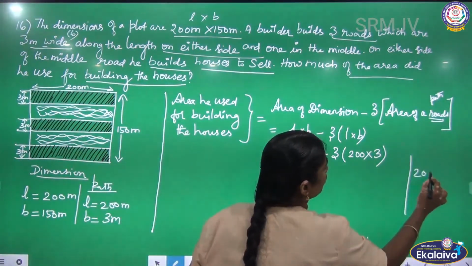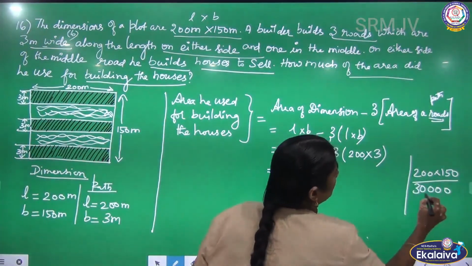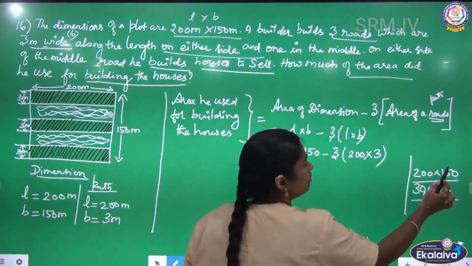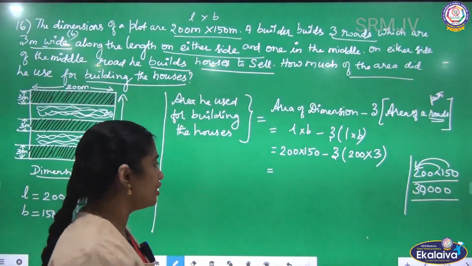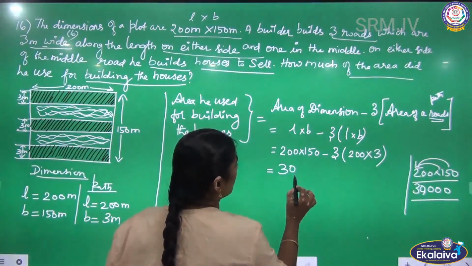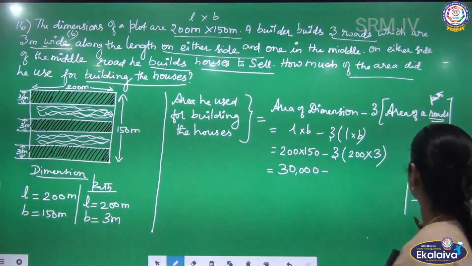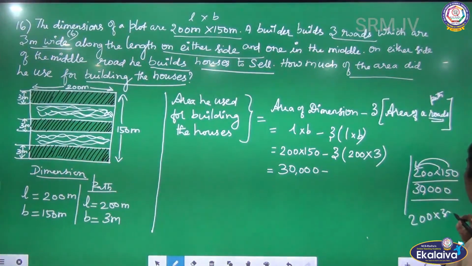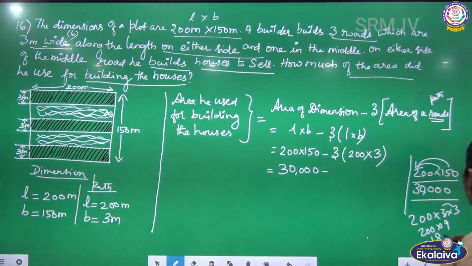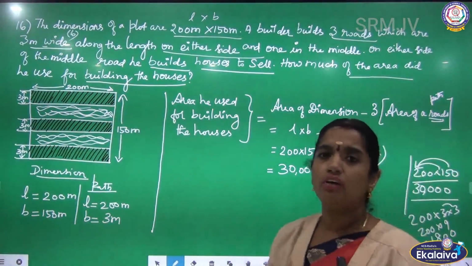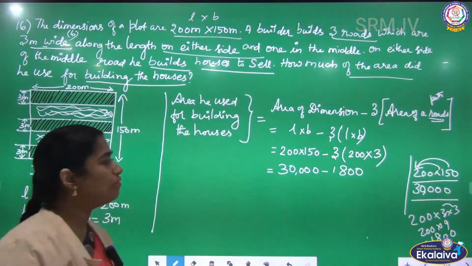In the rough column, 30,000 is your answer. 15 twos are 30 and 3 zeros are there, so collect the 3 zeros. 30,000 minus 3 into 200 into 3. 3 threes are 9. So 200 into 9 is 1800. Can you clear this? So minus 1800.